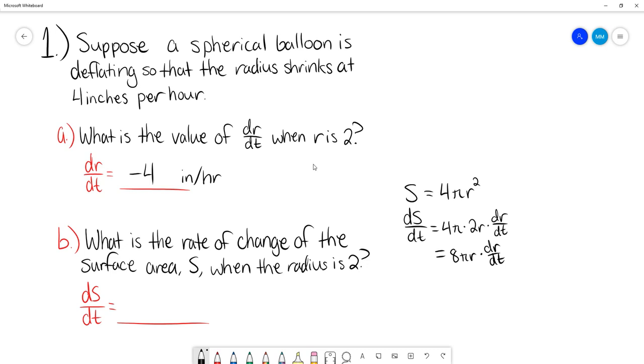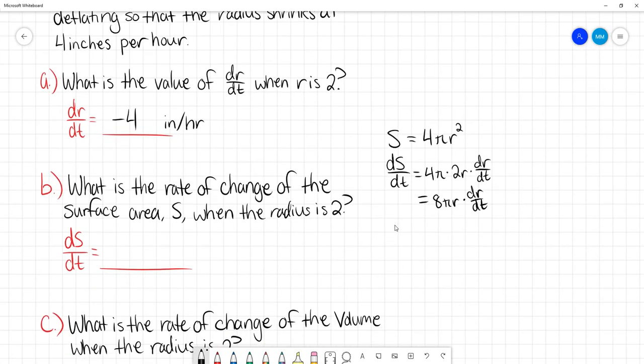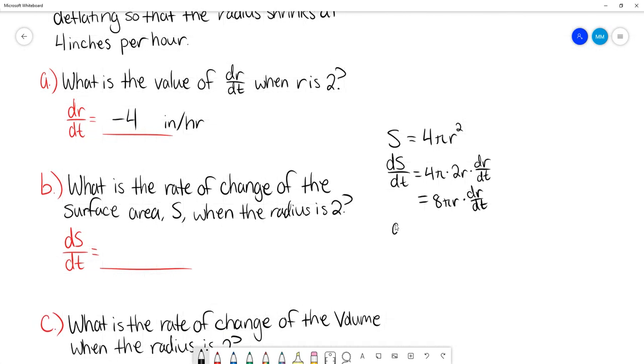Well, we just found out that when the radius is 2, dr/dt is negative 4. So we can plug that back in. So dS/dt equals 8 pi r times negative 4, or just negative 32 pi r. And in this case, the radius is 2, so we can plug that in as well.